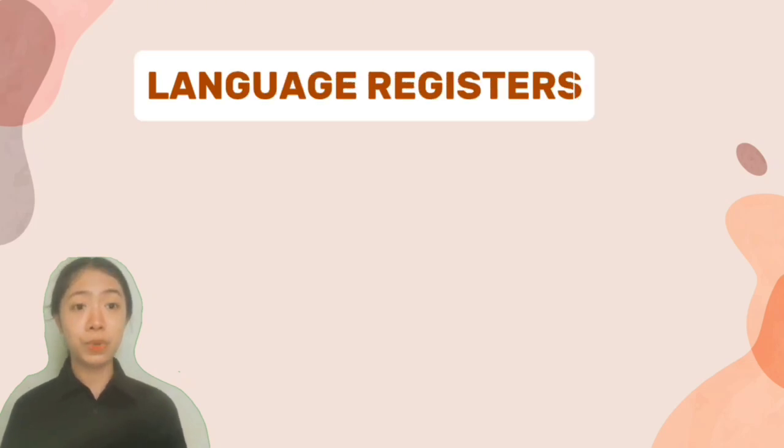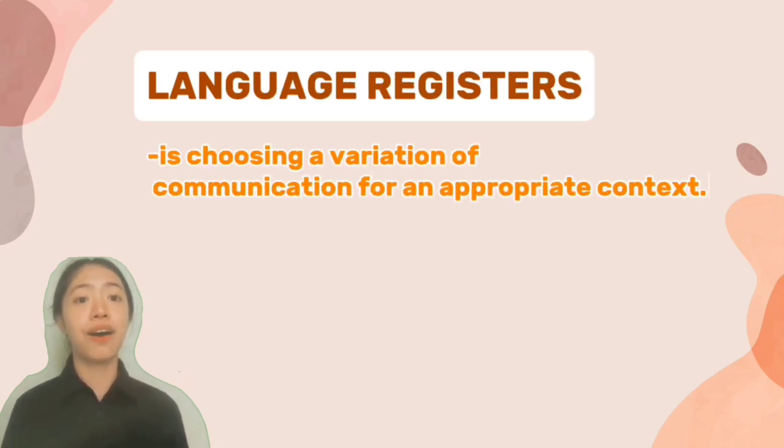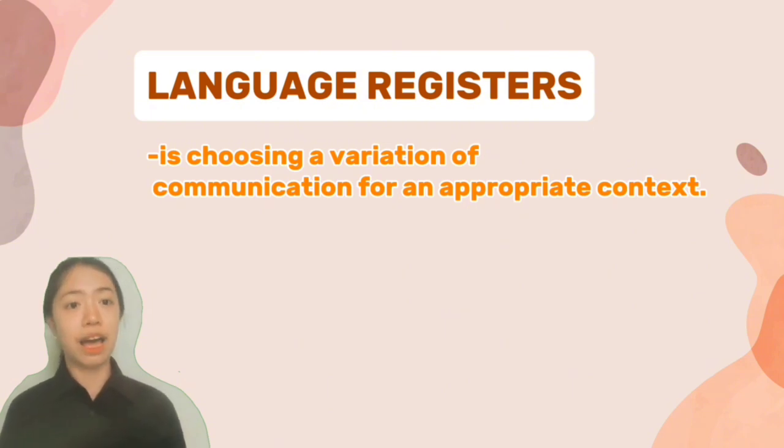When we say language registers, this is choosing a variation of communication for an appropriate context. It is a certain language variety which is used for a particular purpose or a particular social setting.